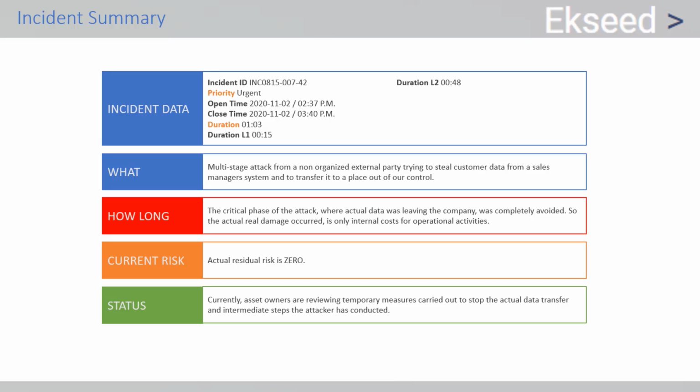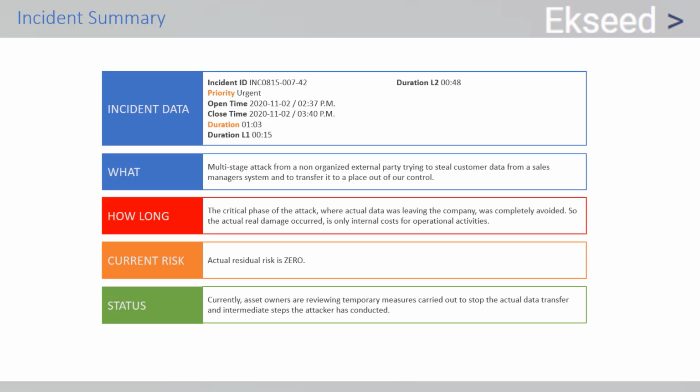The actual status is that the asset owners do review the temporary measures. So they were informed that temporary measures were put in place, and they are now asked to reach out to the business owners, to the service owners, so that these guys can discuss the permanent measures and permanent improvements with the asset owners.